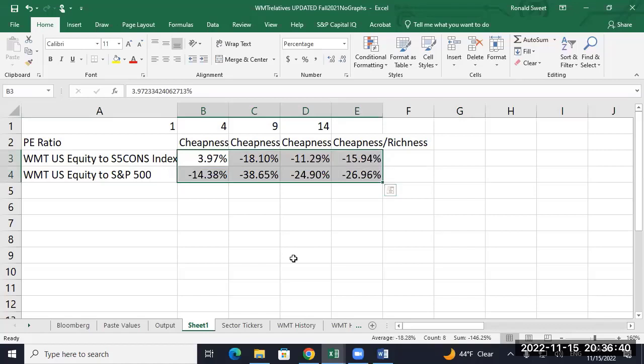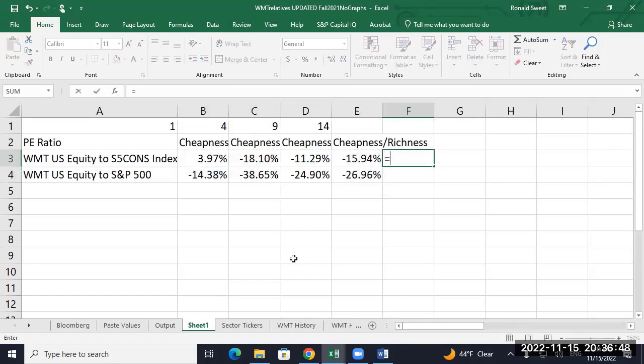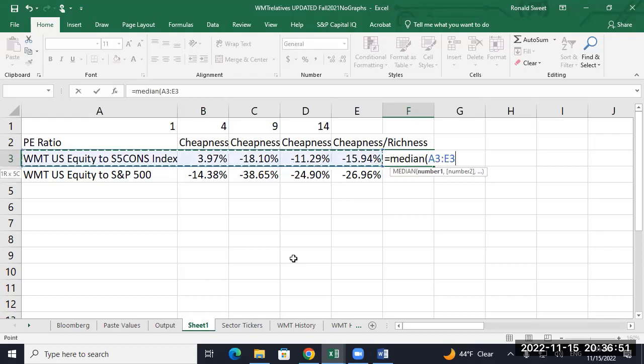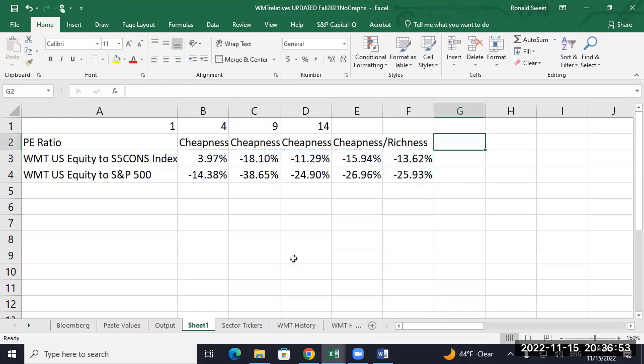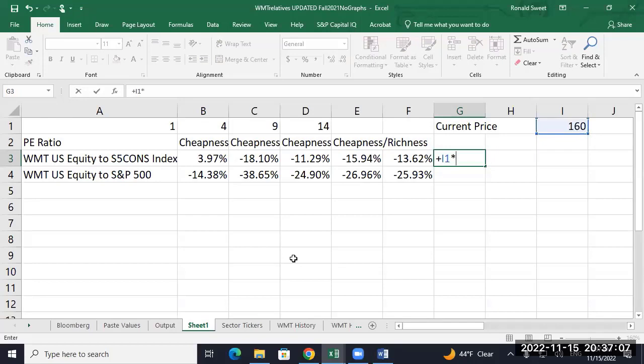So could you convert these into a football chart to get a sense of where they are? So if the current price is, say, current price is 160. Oh, I'm going the wrong way. Excuse me. You're trading cheap, so.